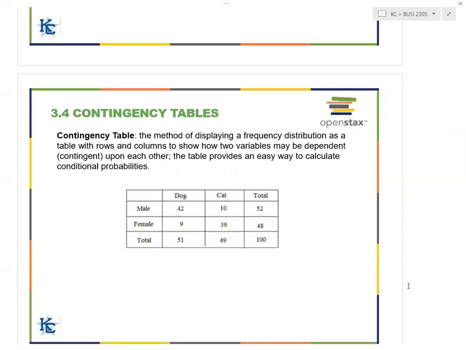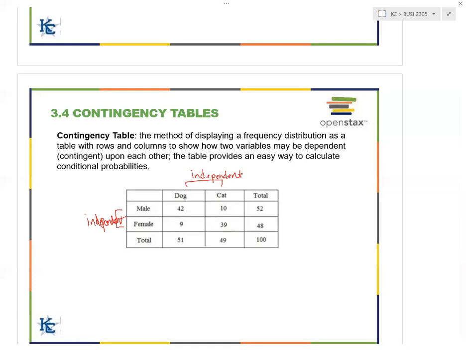Here you can see that whether they're male or female is independent, right? Independent of each other. Whether they're a dog or cat is independent of each other, right?